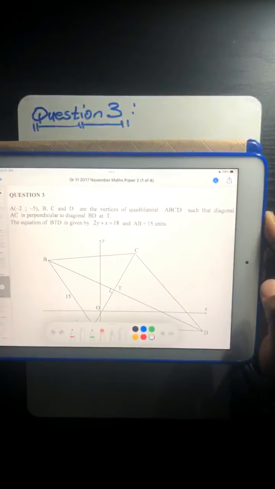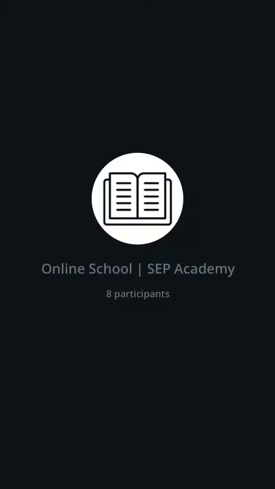Okay guys, in today's lesson I'm going to take you through a question paper that I analyzed yesterday at the end of my introduction to this chapter. Question number 3 gives us a statement which says: A is a point having the coordinates (-2; -5).